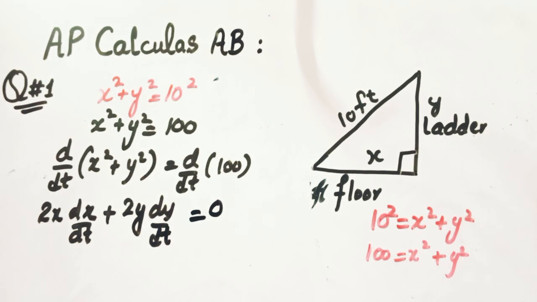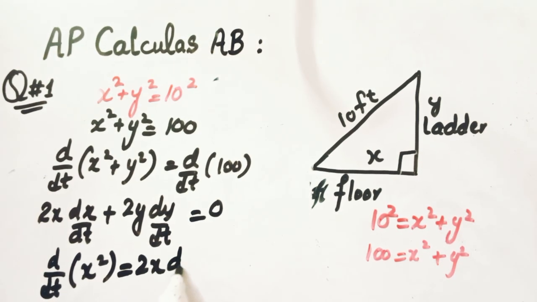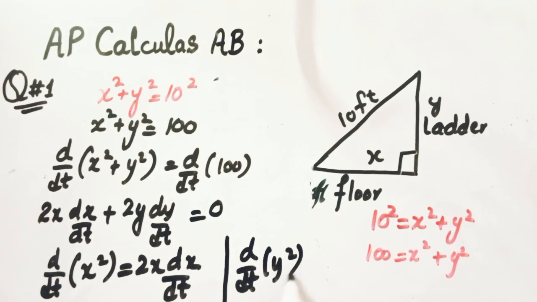Now we have d by dt of x square equals 2x dx by dt, and d by dt of y square equals 2y dy by dt, and the derivative of 100 equals 0.